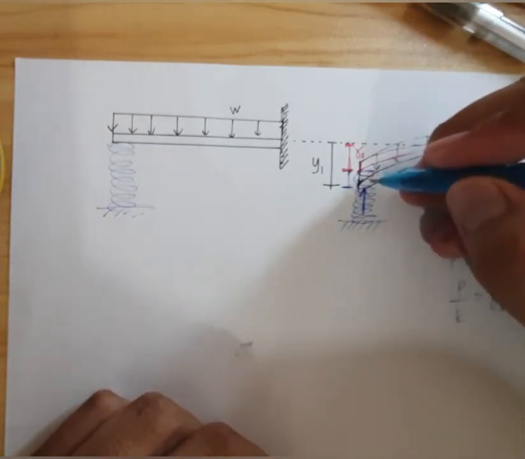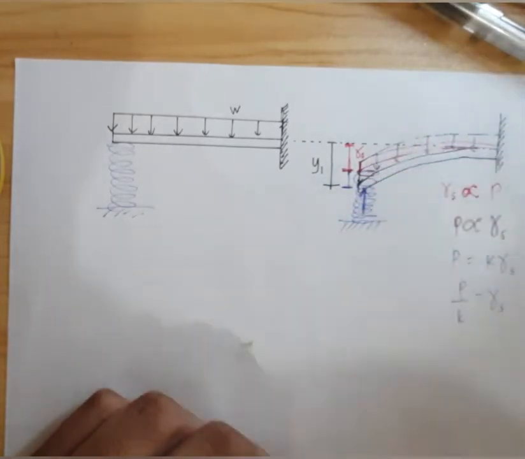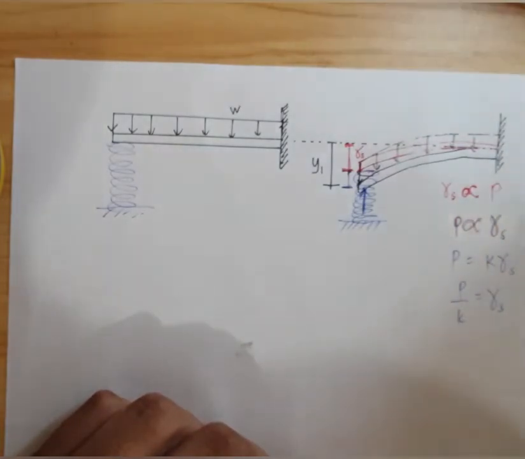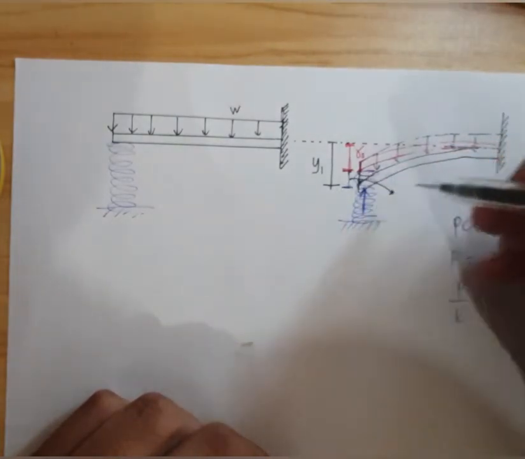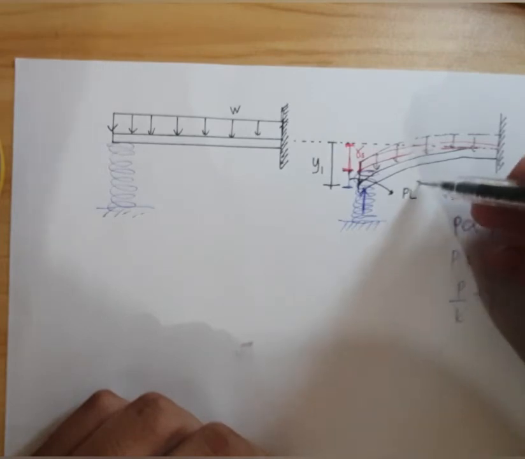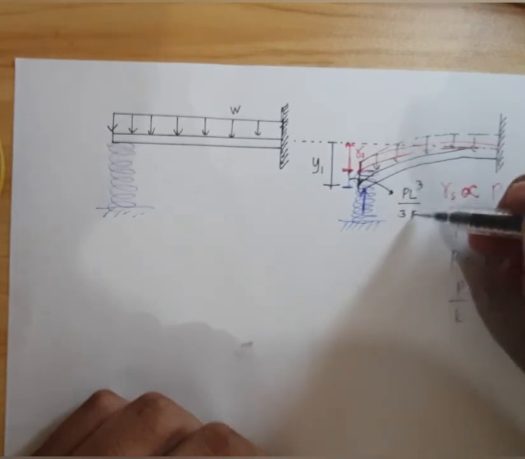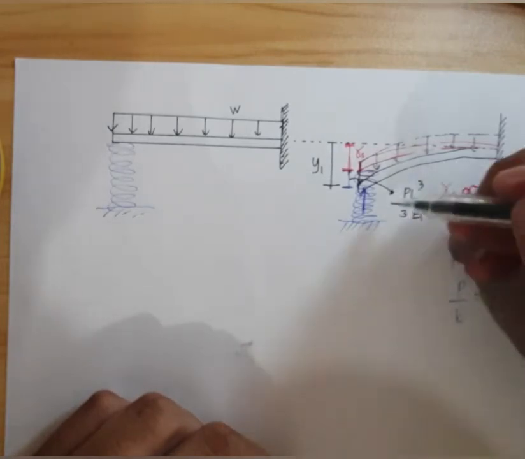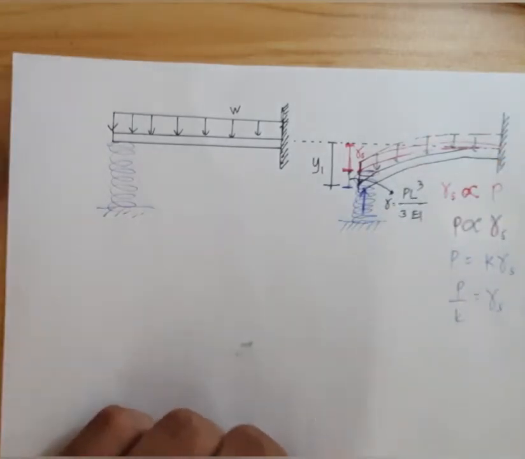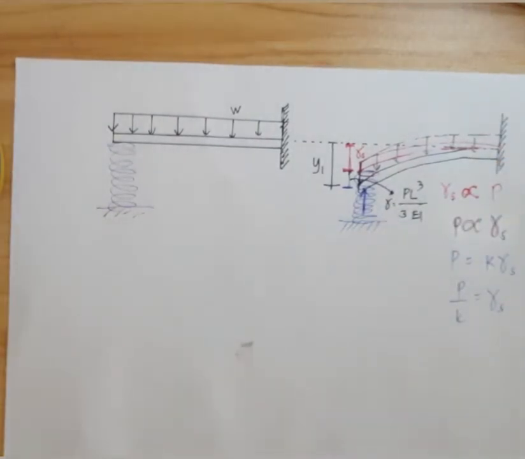This is PL cube over 3 EI, the deflection for a concentrated load at the tip. Okay.